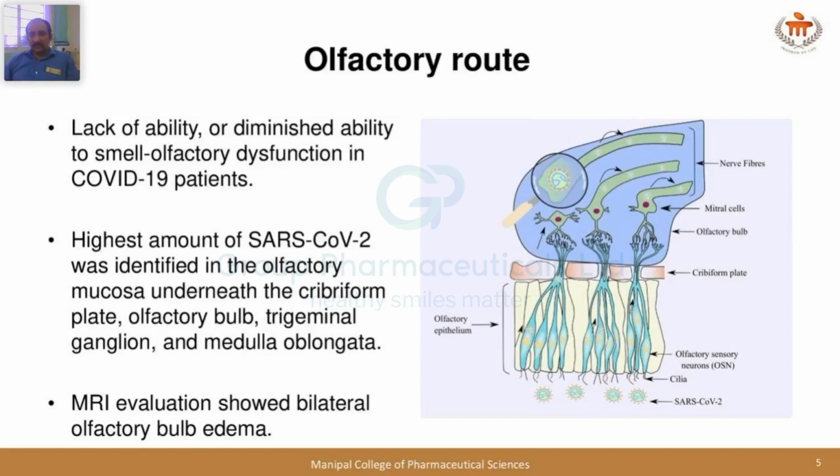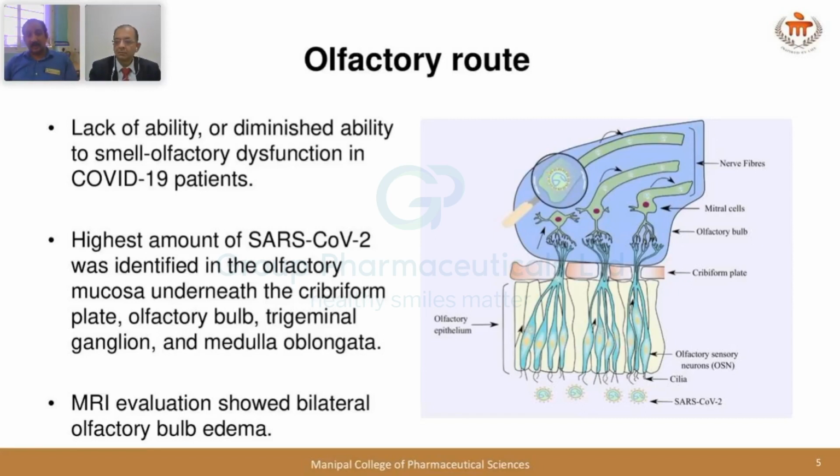The importance of the olfactory route is that the olfactory system contains the olfactory sensory neurons, as you can see in the diagram. These olfactory sensory neurons have a connection to the olfactory bulb directly through a small gap, which is called the cribriform plate.